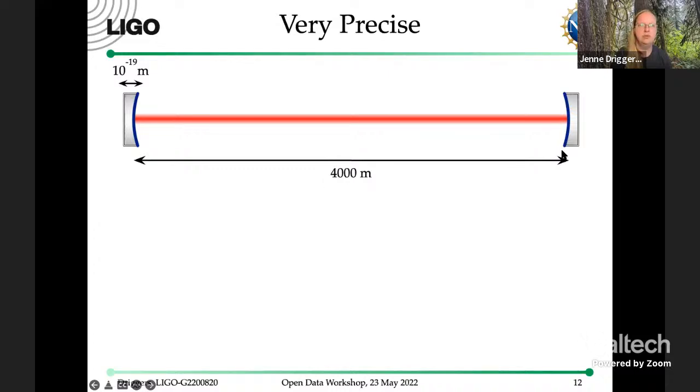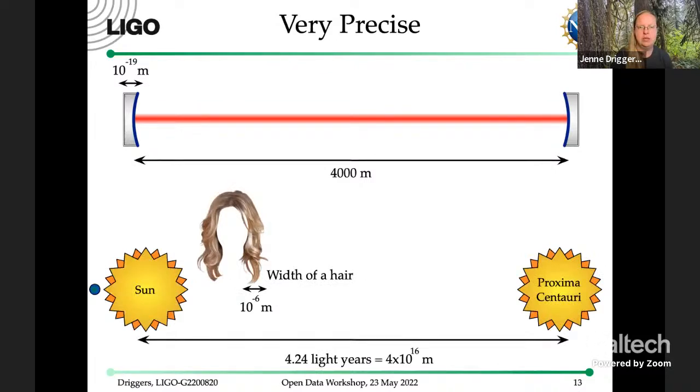So our mirrors move on the order of 10 to the minus 19 meters, and that is divided by 4,000 meters, because that's the gravitational wave strain that matters for measuring the gravitational wave signal: how much the mirrors move divided by the total baseline. And that's equivalent to measuring, again, this is a ratio, the width of a human hair level of precision, the distance between the sun and the next star. So that's how very, very precise the gravitational wave interferometers are.